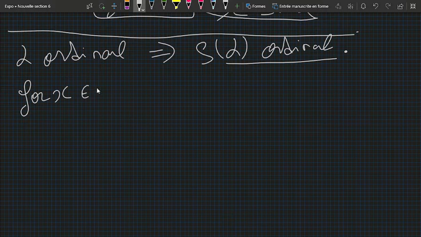Why S alpha is transitive is because we already proved that if alpha is transitive, then S alpha is transitive. So we must prove then for all elements X in S alpha, X is transitive.